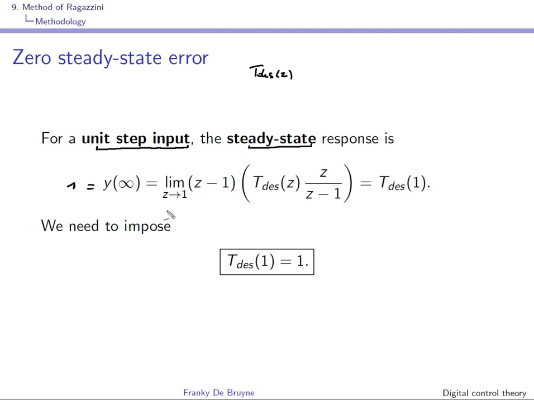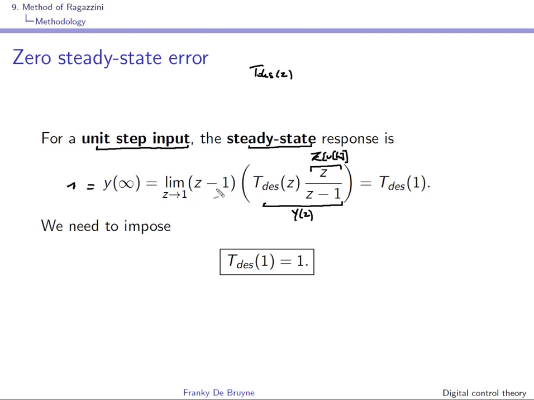Remember that from the final value theorem, we can obtain that the steady state response is the limit of Z tending to 1 of Z minus 1 times the response Y of Z, and here the response is the unit step response, so it's T desired times the Z transform of U of K, the unit step, right?